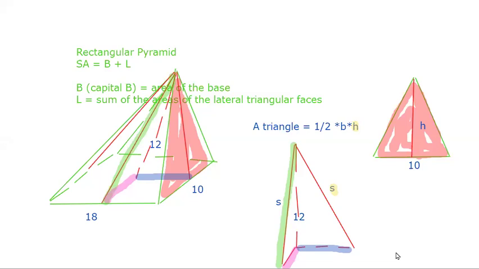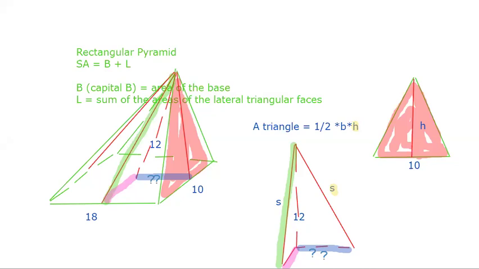Well, what's the radius of this? The blue line, what is it? What's the dimensions right here? What is that?